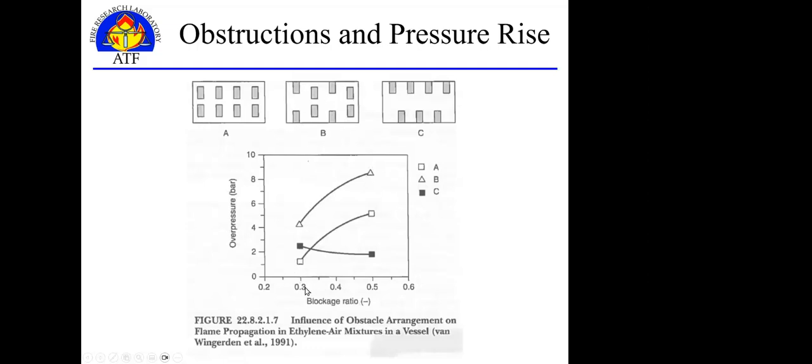The blockage ratio is essentially a third of the volume blocked versus half of the volume, or 50%. And you can see all of these except for the C arrangement result in a higher pressure rise at a higher blockage ratio. So kind of an interesting example.